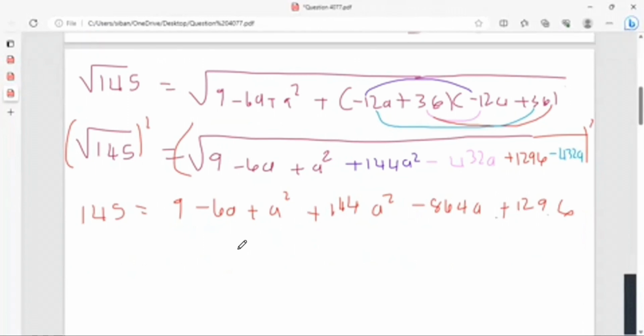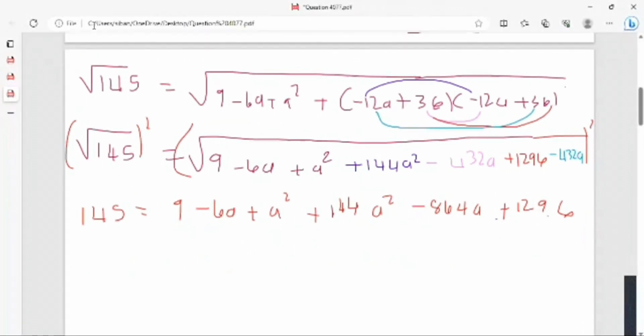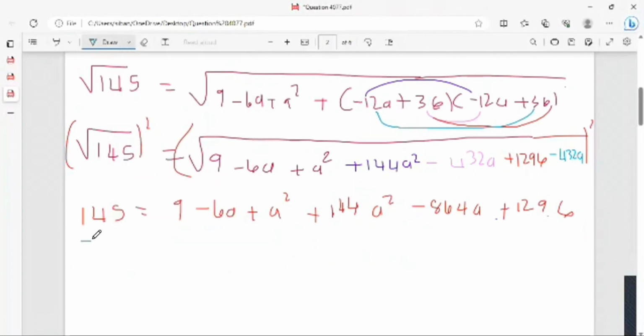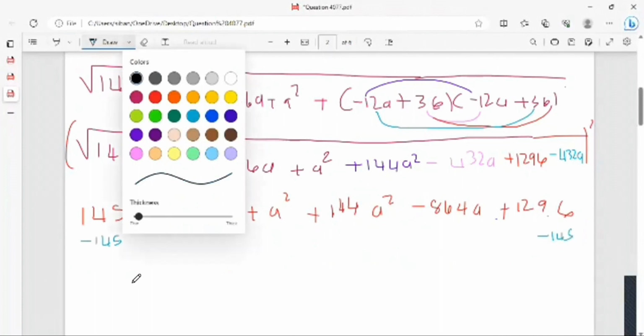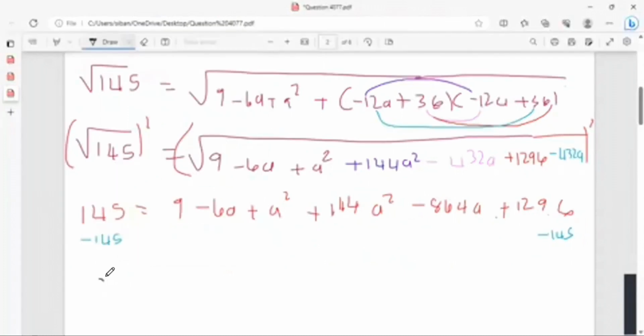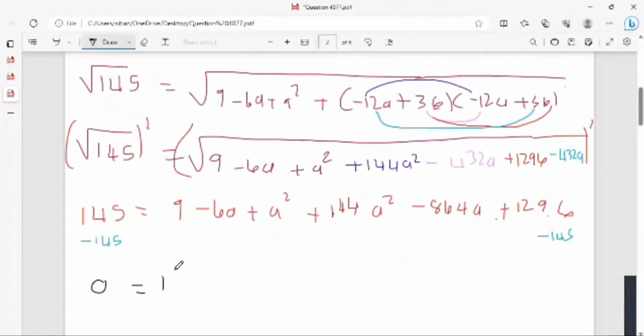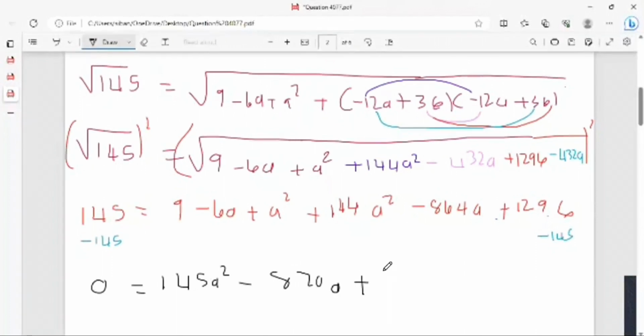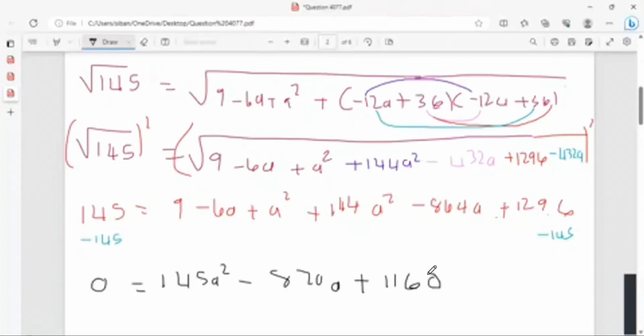So I want one side to be 0. To do that, I will just subtract 145 from both sides. Therefore, I will get 0 on the left-hand side, and I will be left with 145a squared minus 870a plus 1,160.